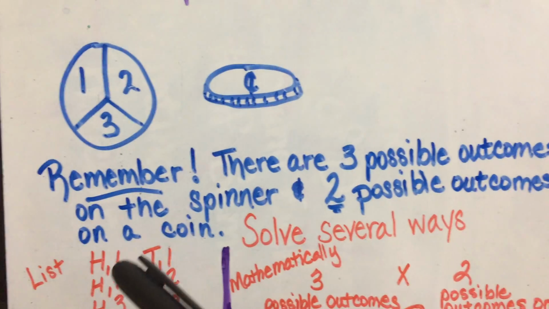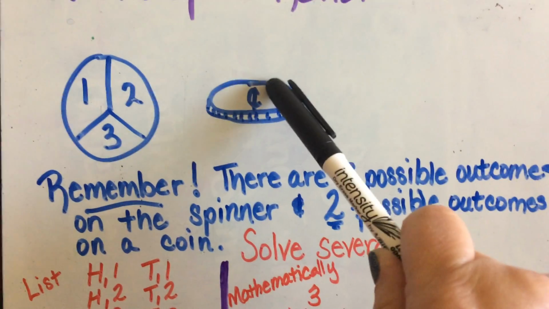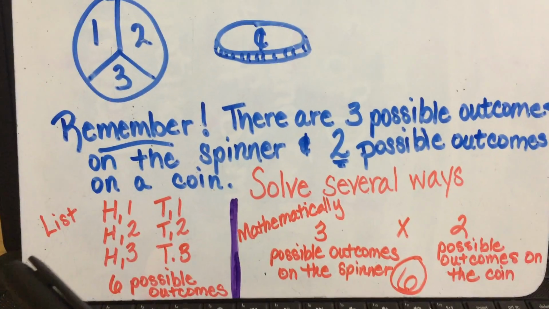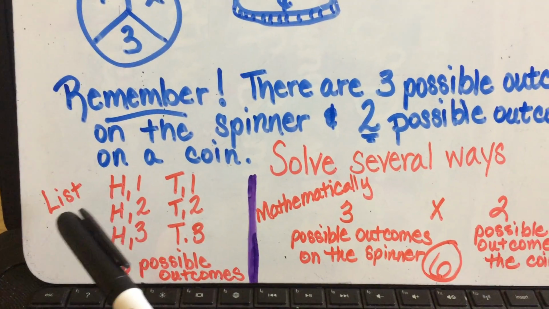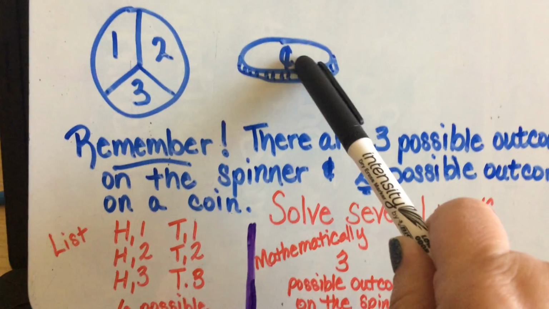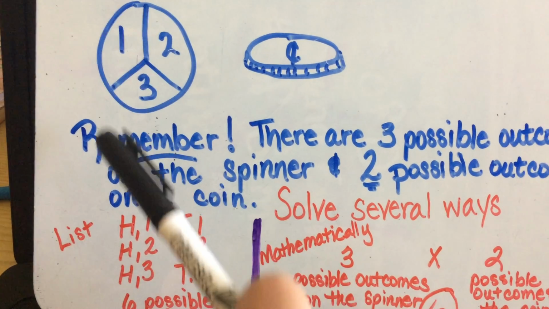If you spin the spinner and flip the coin, let's look at how many possible outcomes you could have. We could do that by making a list, which says heads and 1, which means your coin would land on heads and your spinner would land on 1.